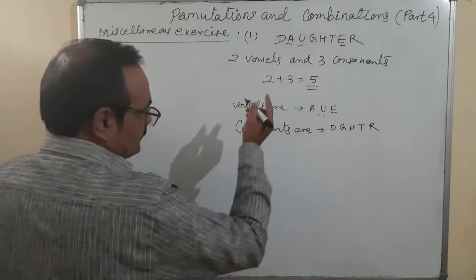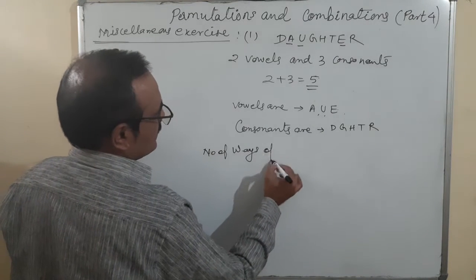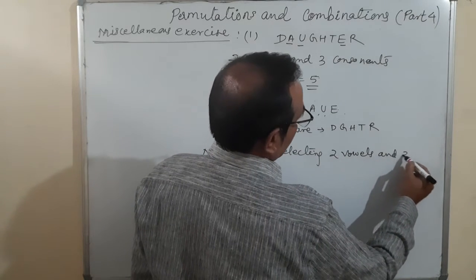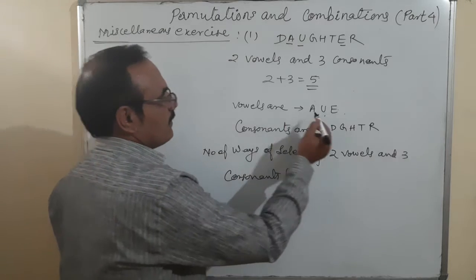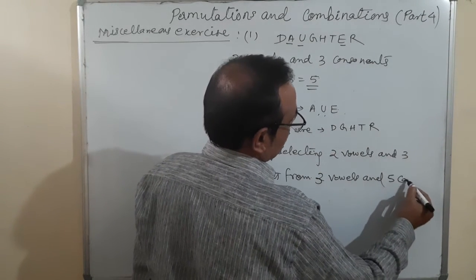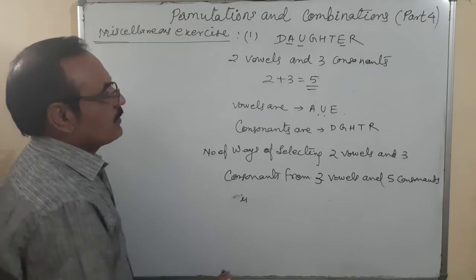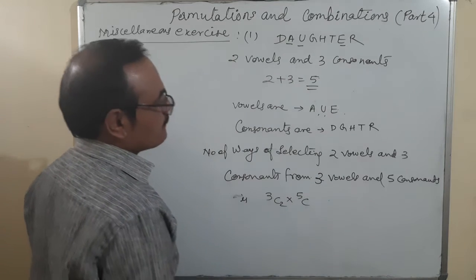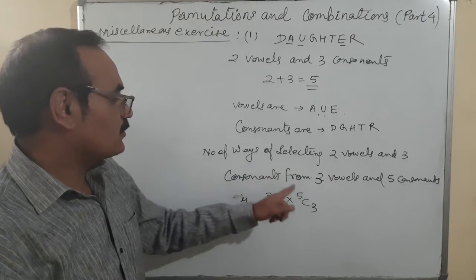The number of ways of selecting two vowels and three consonants from three vowels and five consonants is: from three vowels selecting two, 3C2, and from five consonants selecting three.